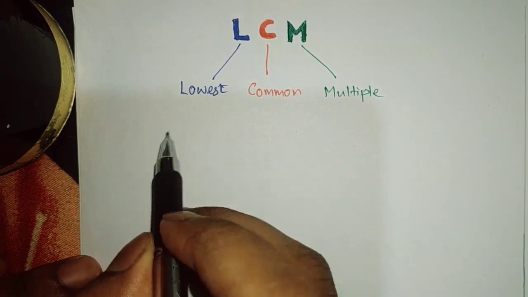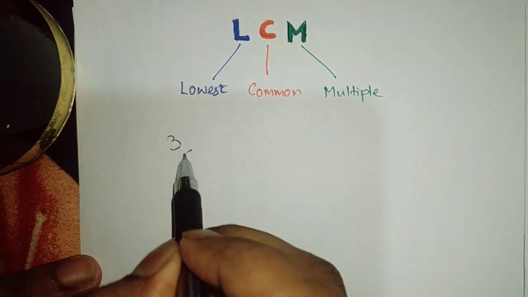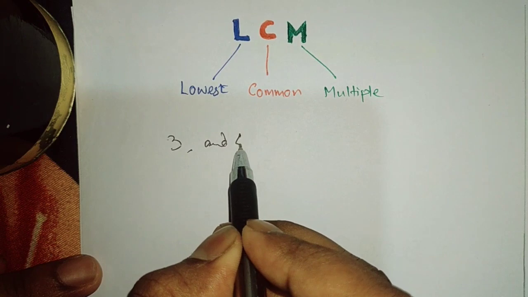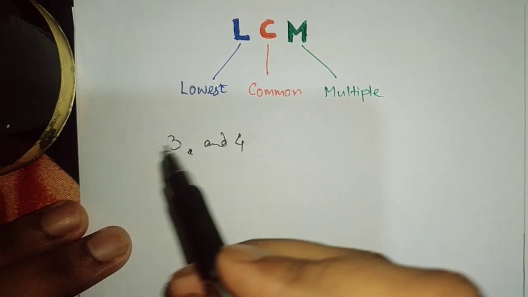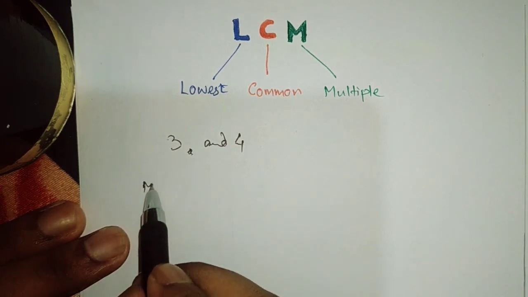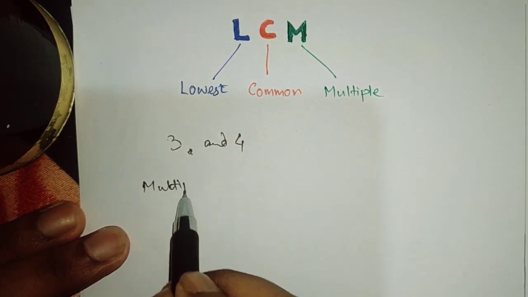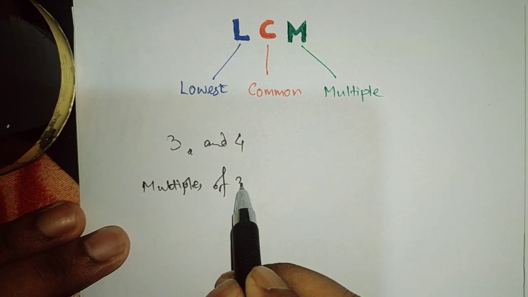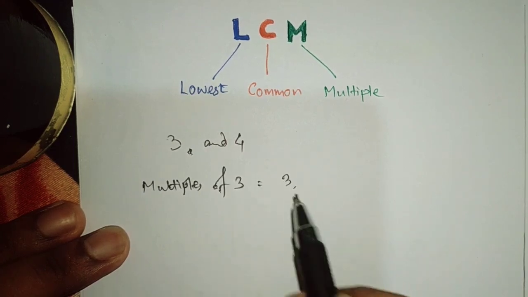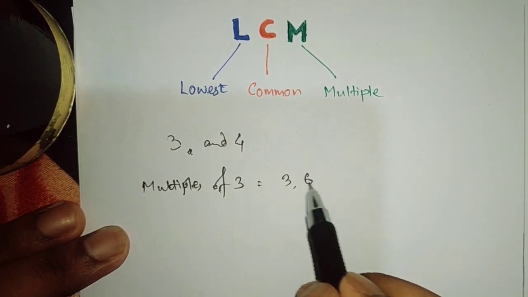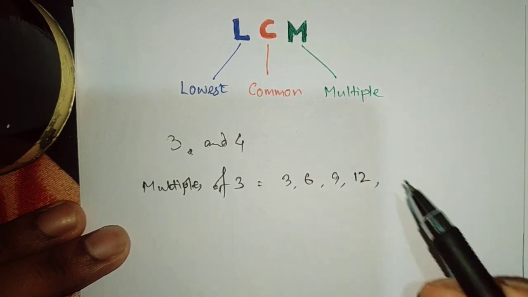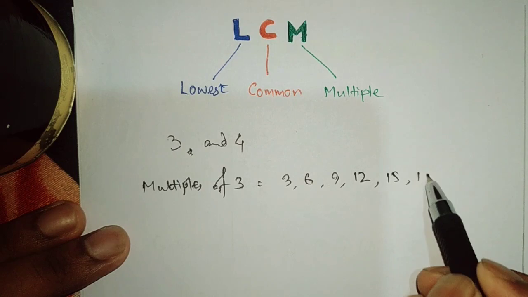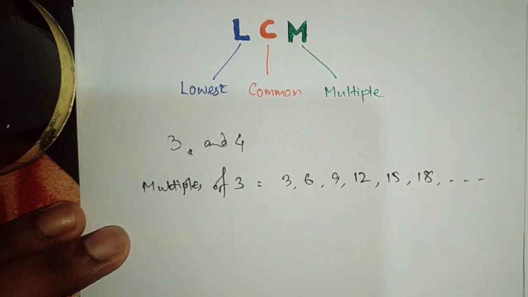Say for example we are given two numbers, 3 and 4. If you find the multiples of 3, what will they be? Multiples of 3 will be 3, 6, 9, 12, then 15, 18, and so on.